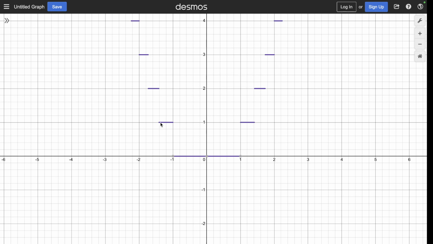And similarly, for this point from minus 1.41 to the value of x less than or equal to minus 1, we get floor x square is 1.